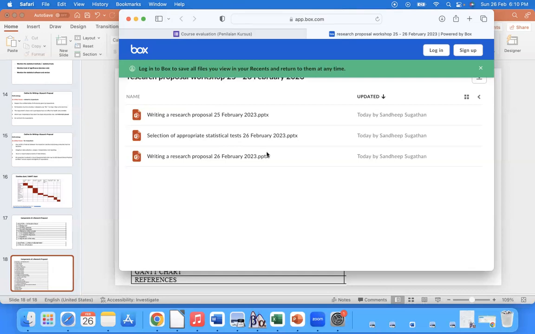Sir, just wanted to know, for the regression analysis workshop coming up in March, will the timings be the same, like 1:30, or can it be towards the later end?